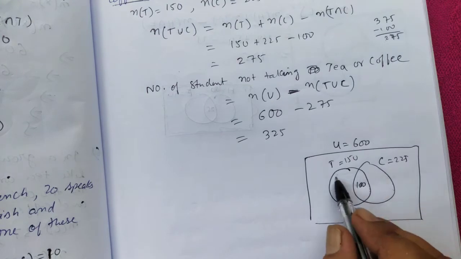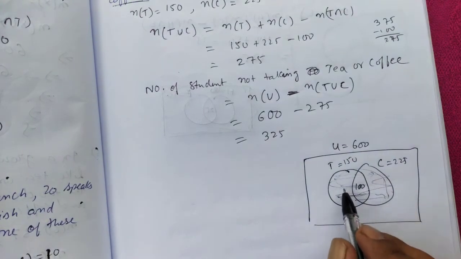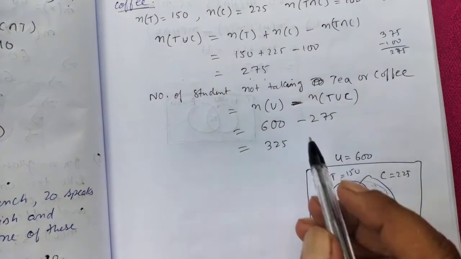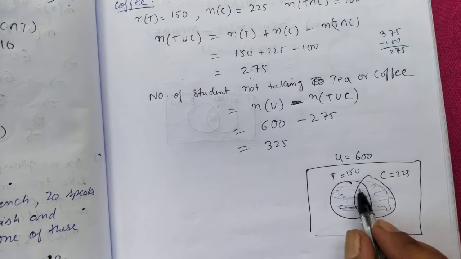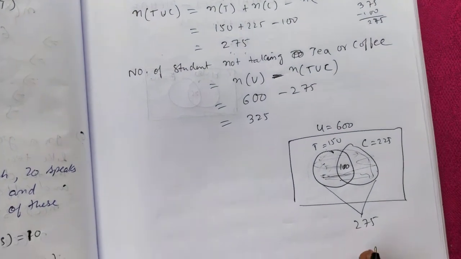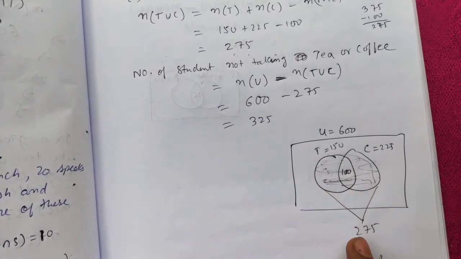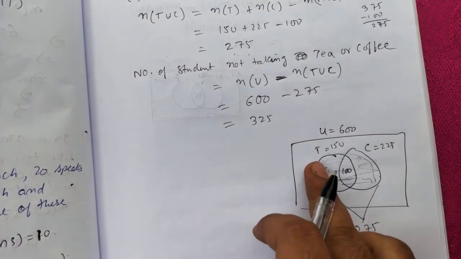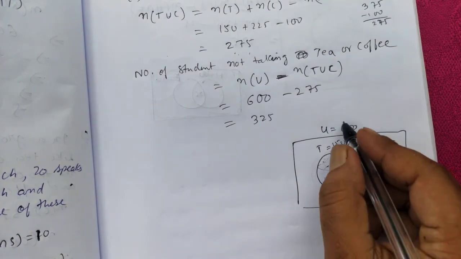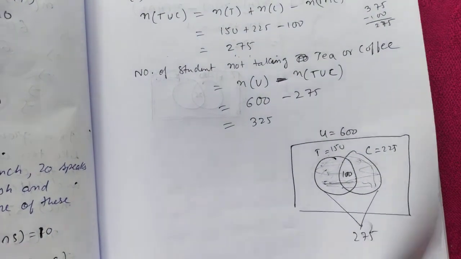And when we found this combined part, who like either tea or coffee, we got 275. This whole circular part is 275. So people who don't like either tea or coffee: from 600, you have to subtract this. That's why we got 325.